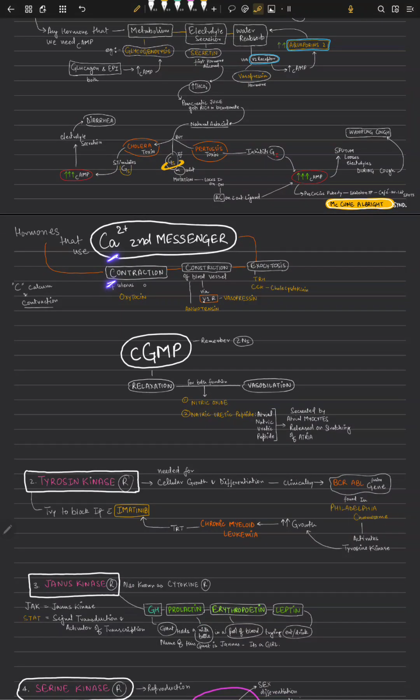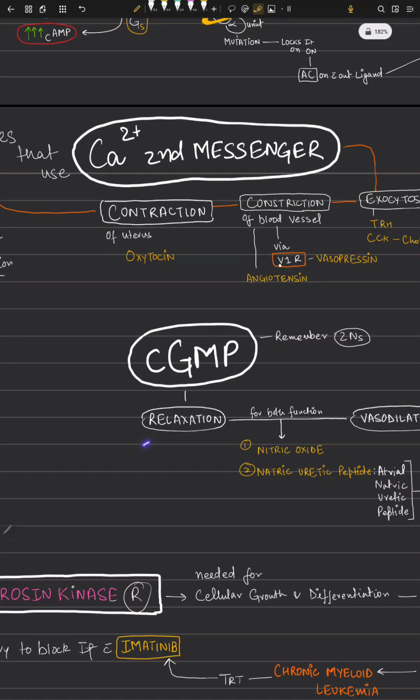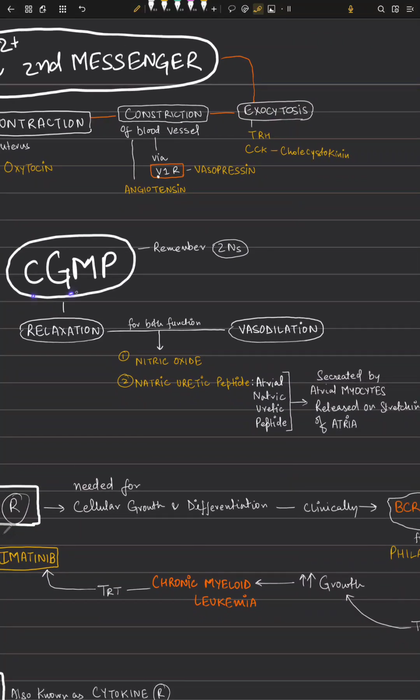For calcium, constriction, contraction, and exocytosis. So basically, cyclic GMP is the opposite of calcium. Calcium contracts, cyclic GMP relaxes. So cyclic GMP works via nitric oxide and natriuretic peptide, NUP.